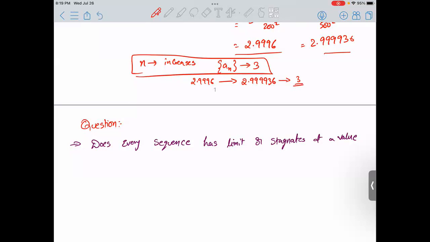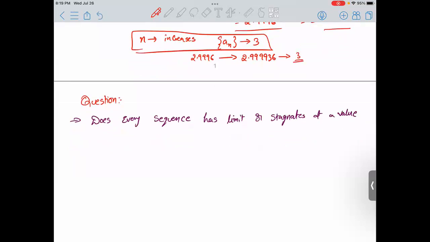And then look, I need some other explanations. Does every sequence have a limit? If yes, what is your explanation? If no, what is the explanation? Hello.